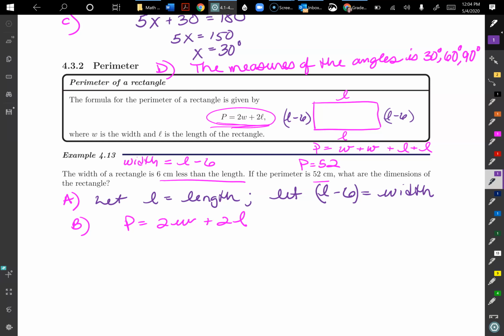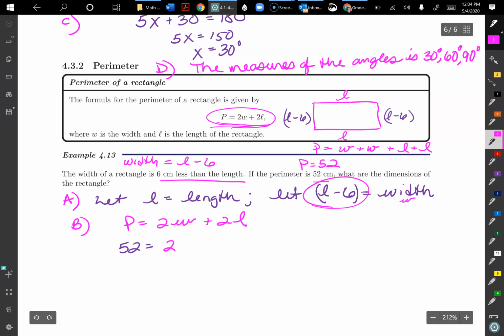So we know 52 is our perimeter. 2 is part of the formula, so just leave that. W, or width, is this value here, L minus 6. So we're going to take that L minus 6 and sub it right in for W. Then the plus 2L, that's just part of the formula, right?